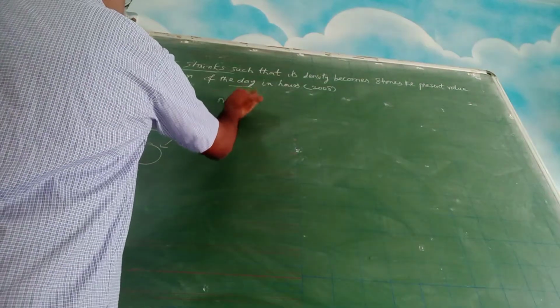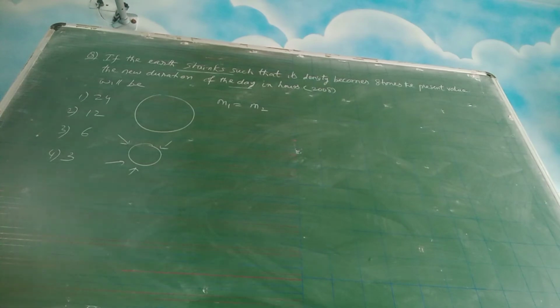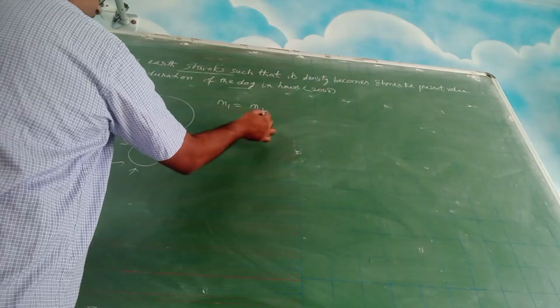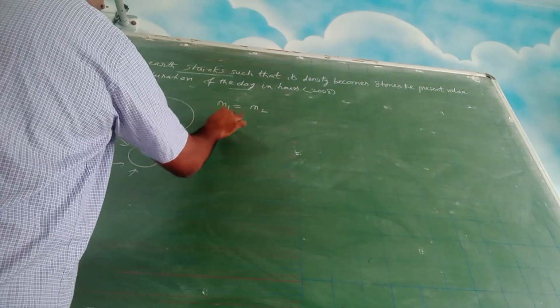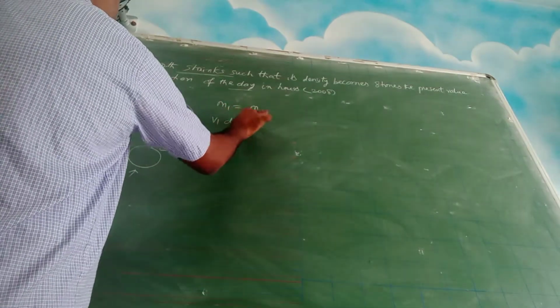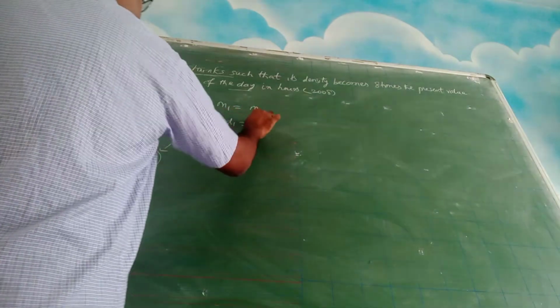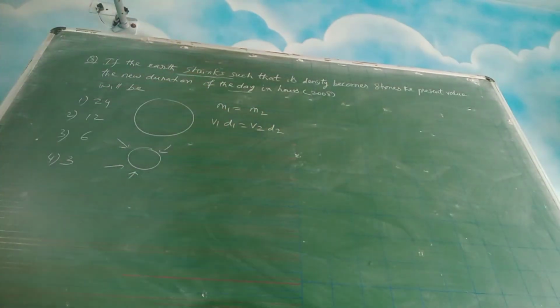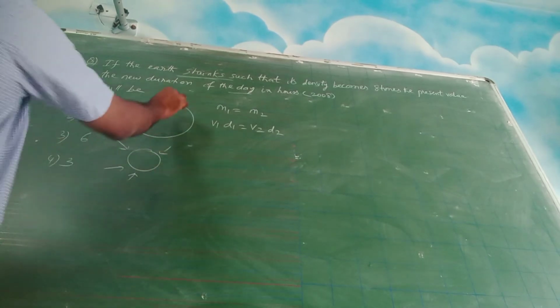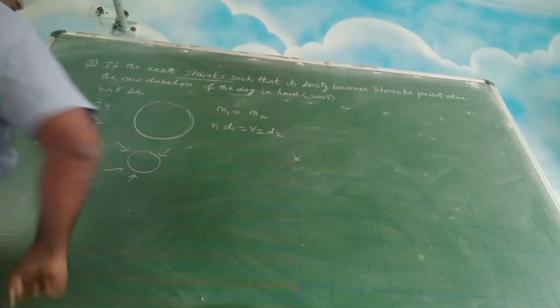So here, as per conservation of mass, the initial and final masses of the earth are the same. But what is mass? Mass is basically volume multiplied by density. So let us say initial volume is V1, initial density is D1, final volume is V2 and final density is D2. Now this earth is in spherical shape.